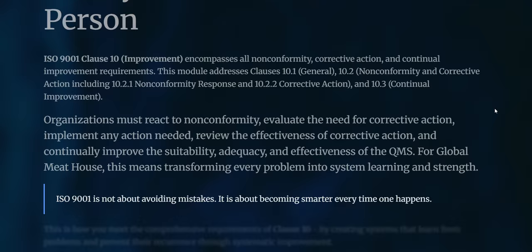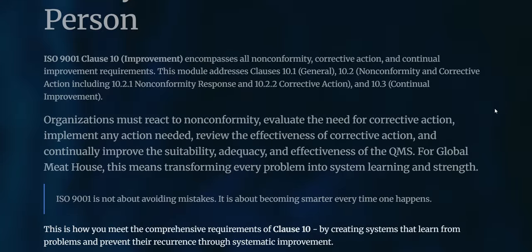ISO 9001 is not about avoiding mistakes. It is about becoming smarter every time a mistake happens. This is how you meet the comprehensive requirements of Clause 10, by implementing all the above-named subclauses, by creating systems that learn from problems and prevent their recurrence through systematic improvement, and we will demonstrate it shortly.